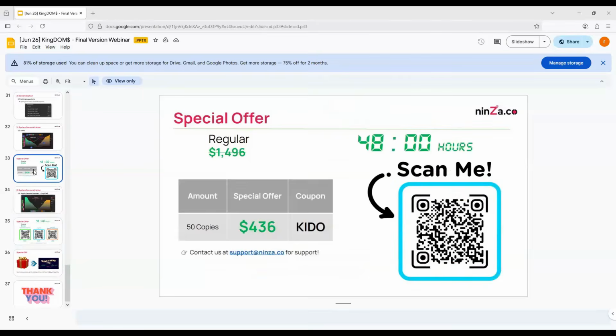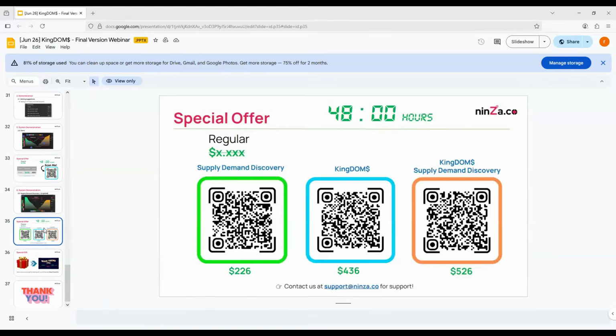So this one, yeah, this is the one you were talking about, right? I think this is just KingDOM, just by itself. And this is the three together.